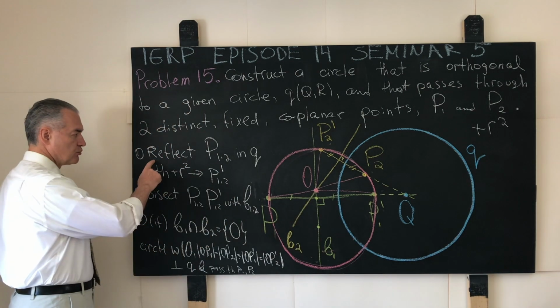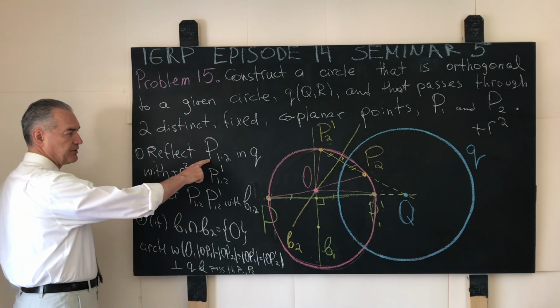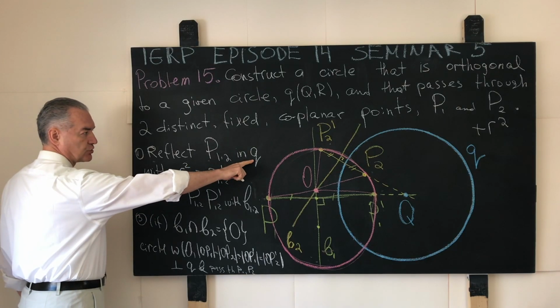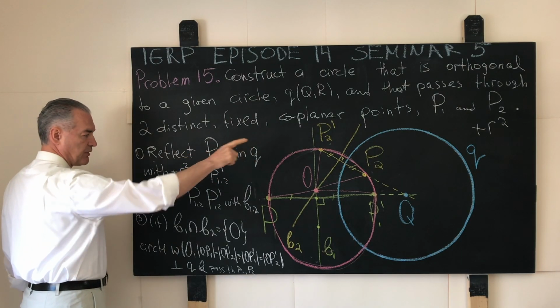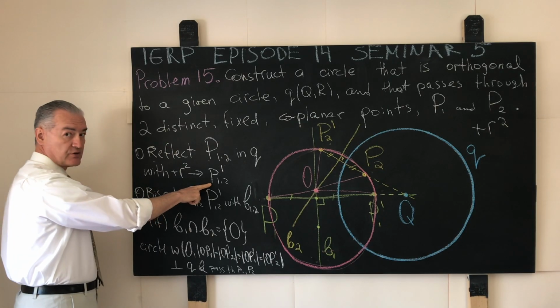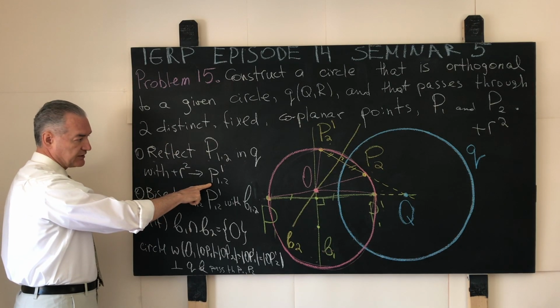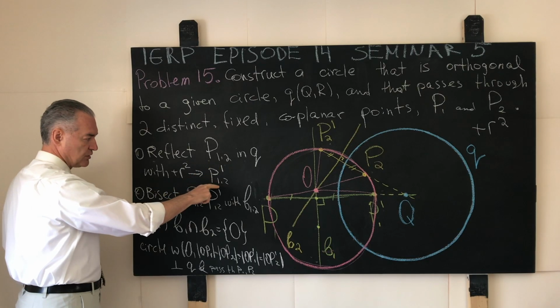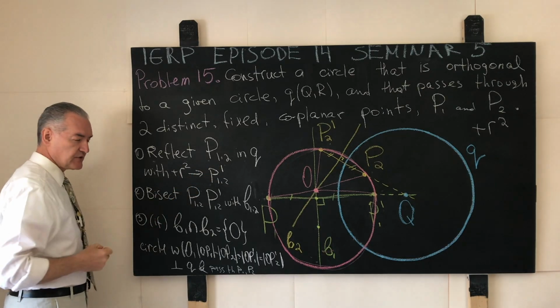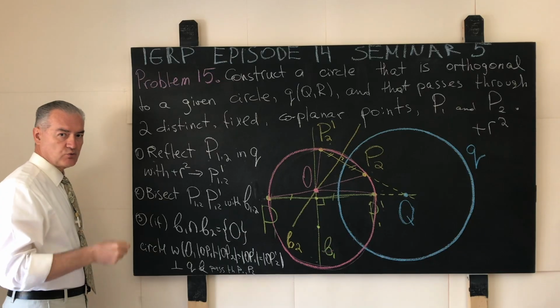First, we reflect the given points P1, 2 in the given circle Q with positive power once into their corresponding reflective images P prime 1, 2. That's step number 1. That reflection can be done with Euclidean tools alone with absolute certainty.